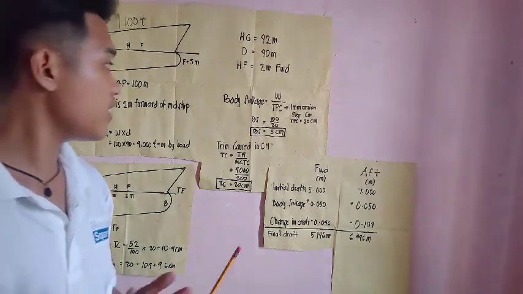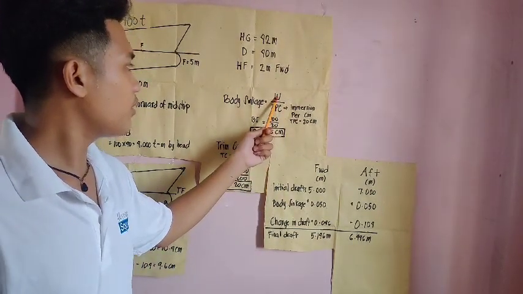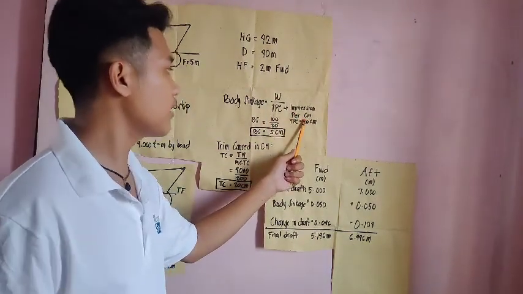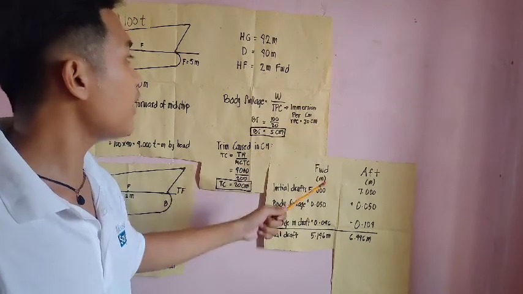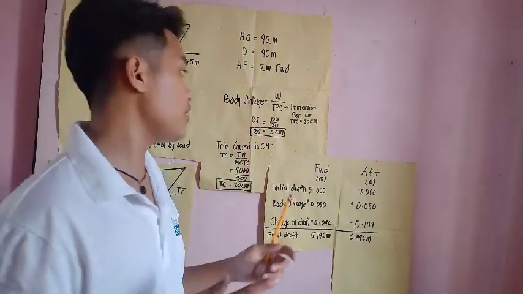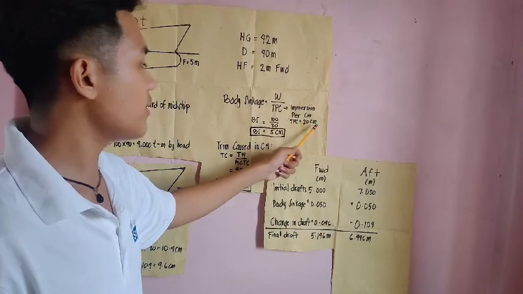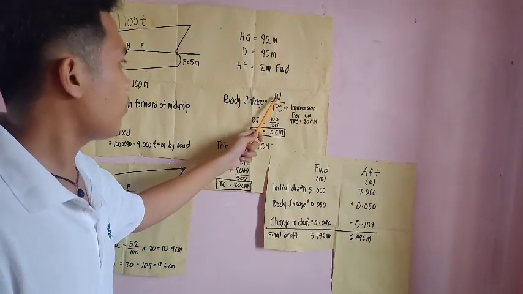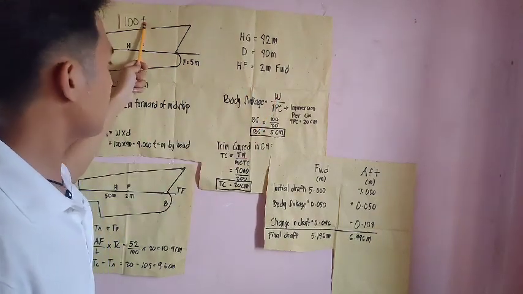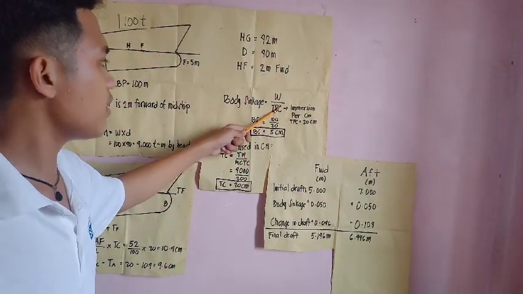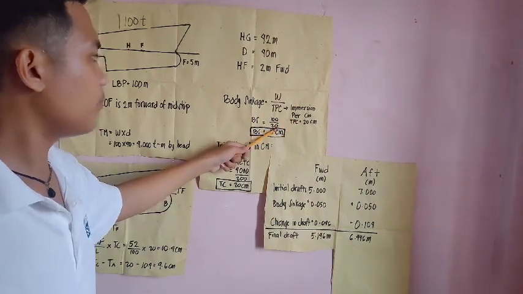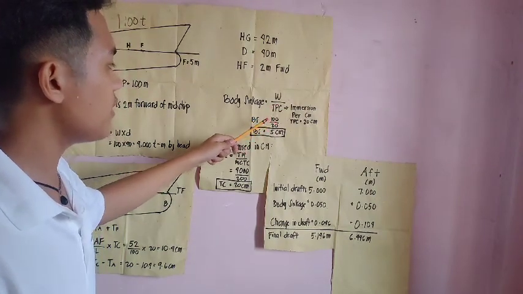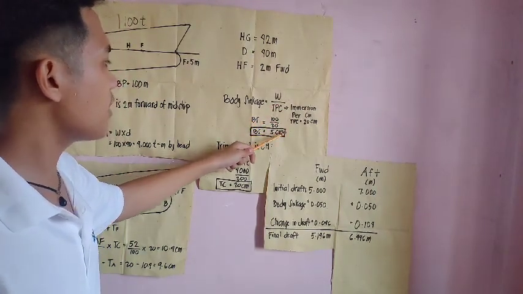The formula of bodily sinkage is W divided by TPC. The TPC is the immersion per centimeter. We can consider that our TPC is going to be 20 centimeters. So bodily sinkage is equal to weight, which is 100 tons, divided by our TPC of 20. 100 divided by 20 is equal to a bodily sinkage of 5 centimeters.